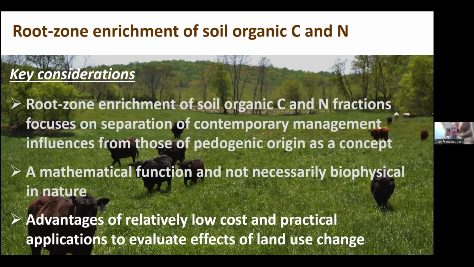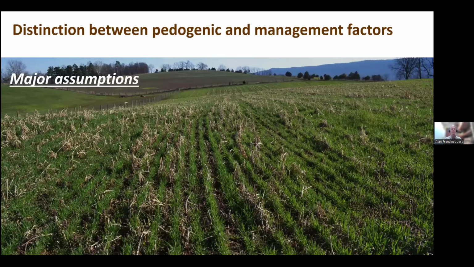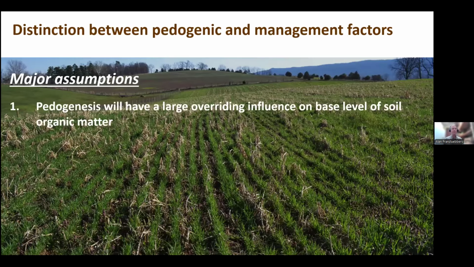And that's the key here, is that we're trying to understand what are the implications of land use and management over long term. So there are some assumptions too, and you may or may not agree with some of the assumptions. And if not, then of course we want to have evidence. We want to have a good discourse about this.